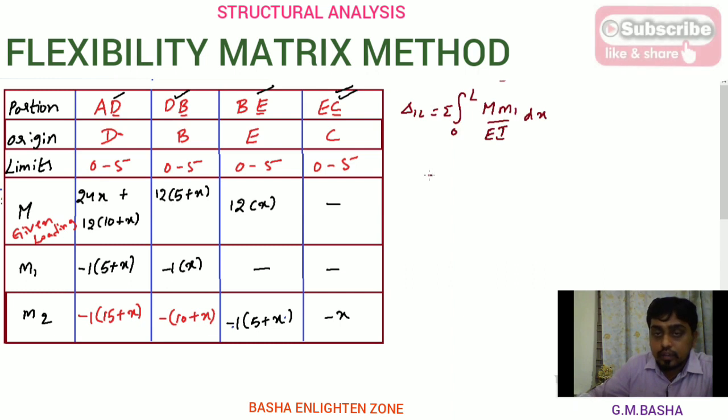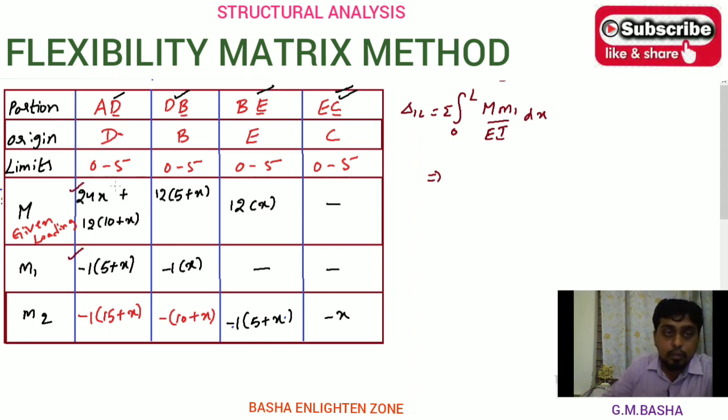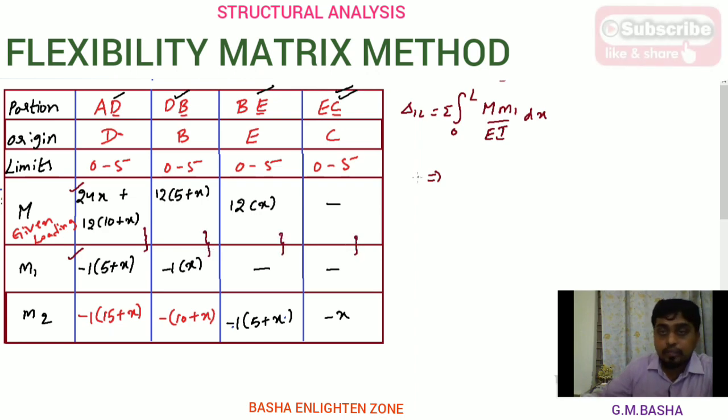See here, this value will be M and this one will be m1. There will be so many portions: AD, DB, BE, EC. So I am adding these portions individually. I am taking integral of 0 to L. First I am writing the portion of AB. So I am taking the AB portion.